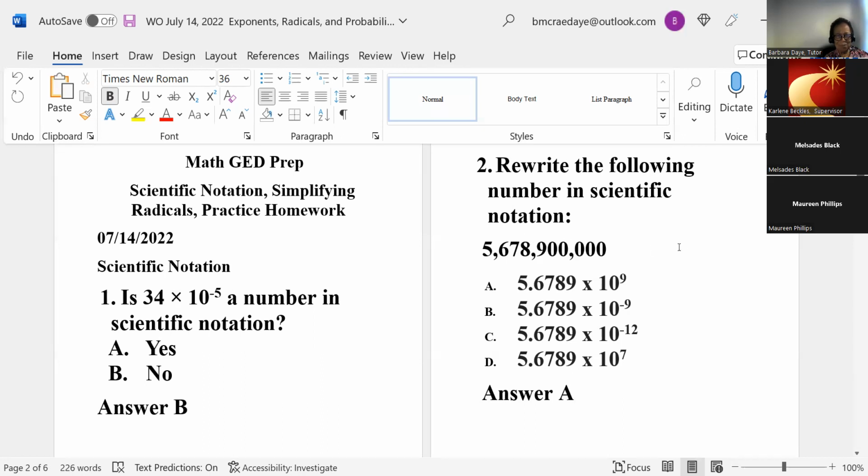How would you say this in words? 5,000,000. Okay, remember place value? This is what? 100. That 0 right there is what? 1. And this one? 10. Okay. That is 100. And this one?